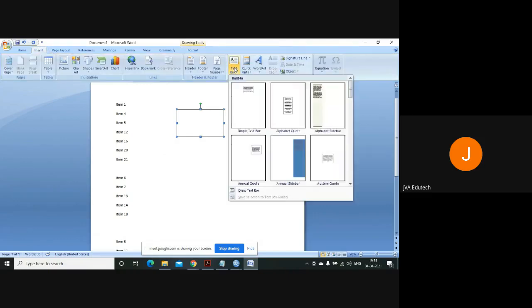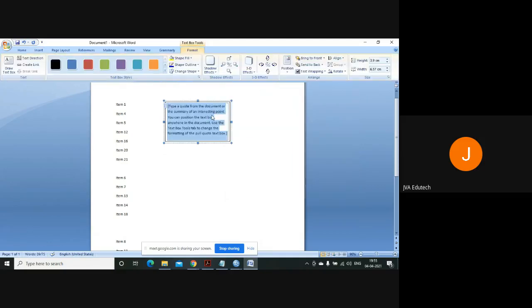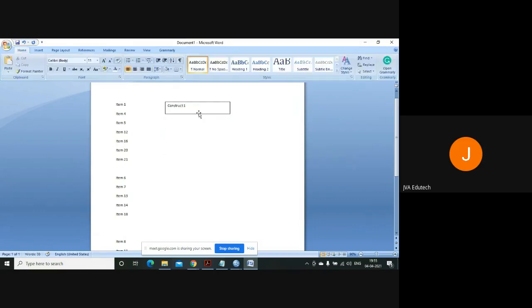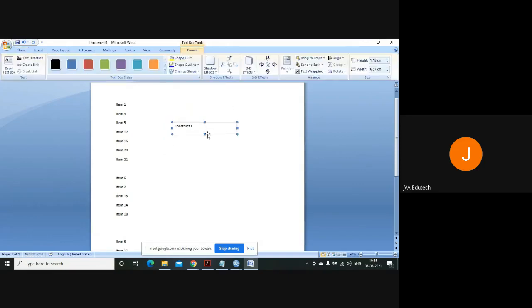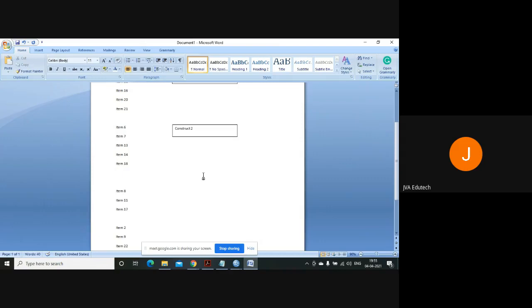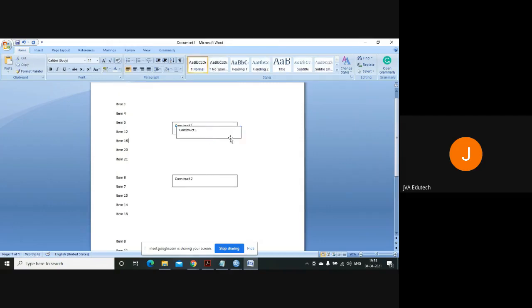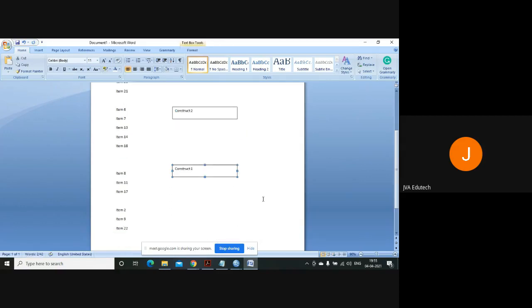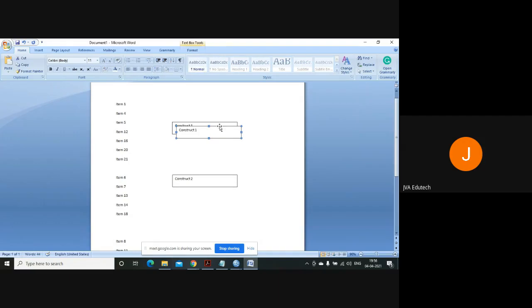Let's insert text. Construct 1, construct 2, construct 3, and finally construct 4.